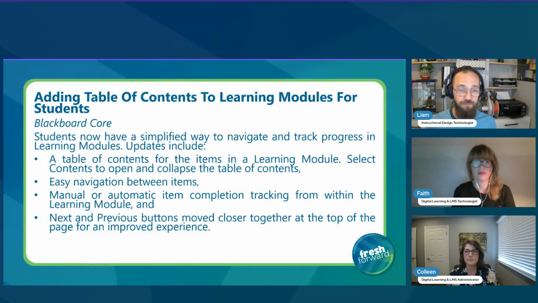Students now have a simplified way to navigate and track progress in the learning modules. A couple different areas that this is kind of transpiring. There's a table of contents that's been added, which also makes it easier to navigate between items.